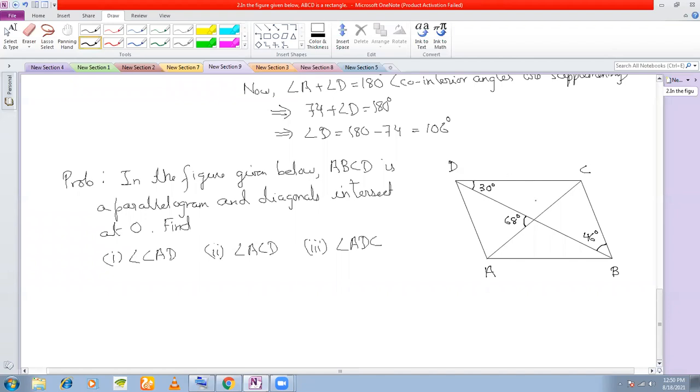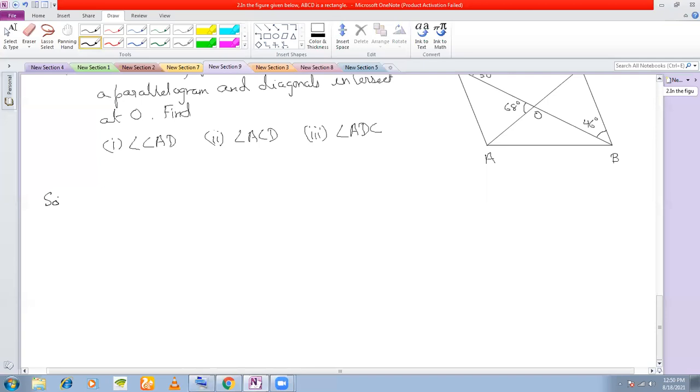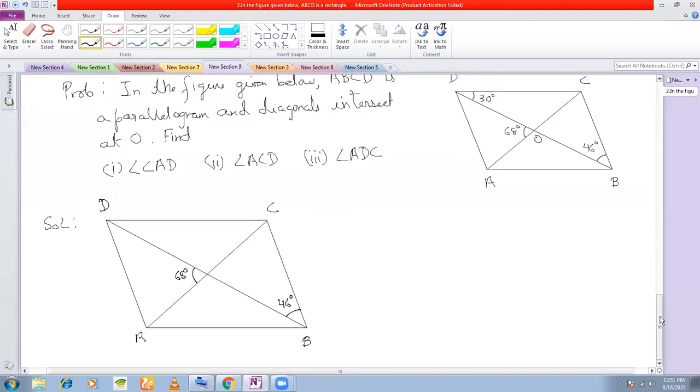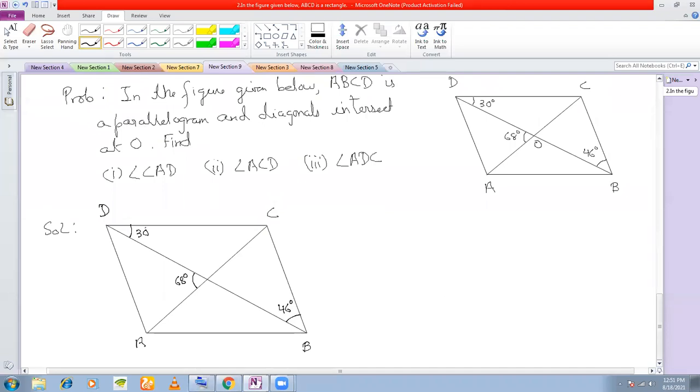Okay, this is the figure that is given, and they intersect at O. Now we'll redraw the figure. Okay, this is the figure and this is given to be O.